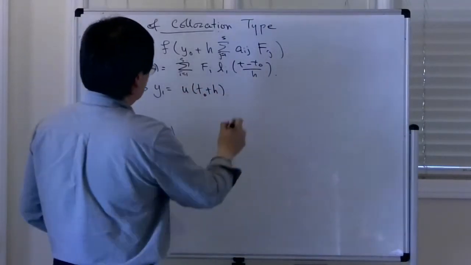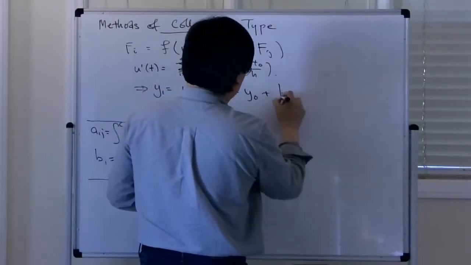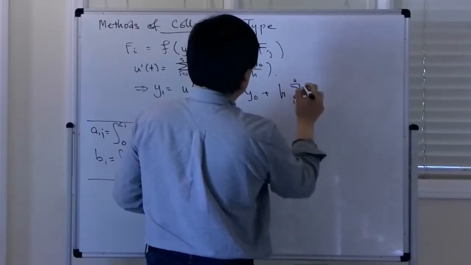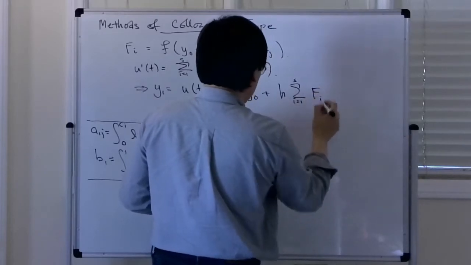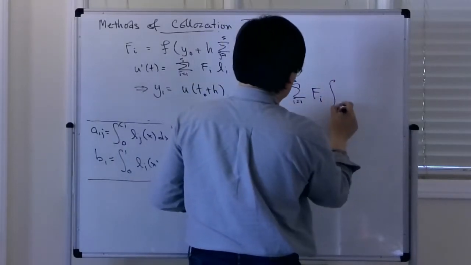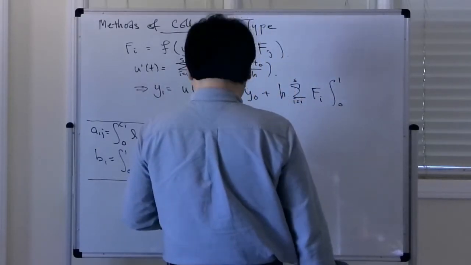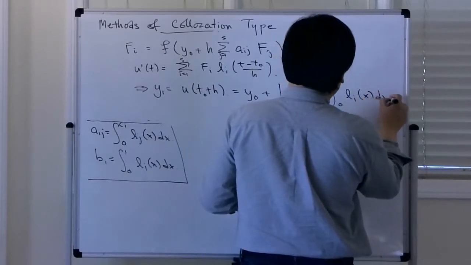And this is equal to y0 plus h times the sum from i equals 1 to s of fi, and then the integral from 0 to 1 of Li of x dx.